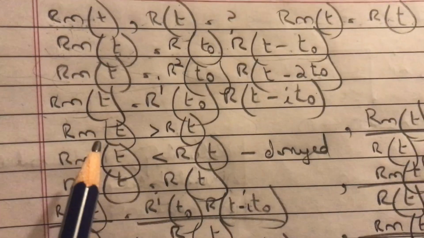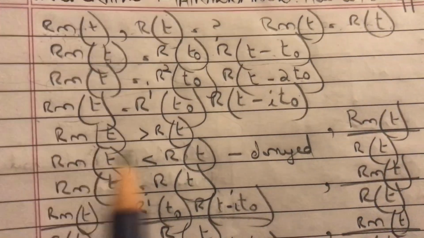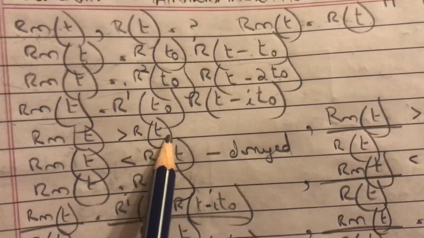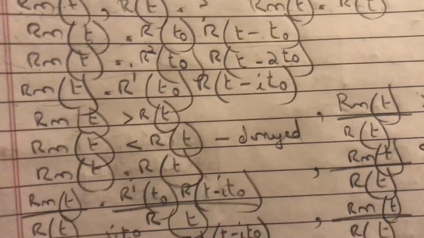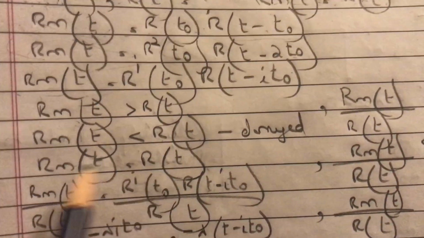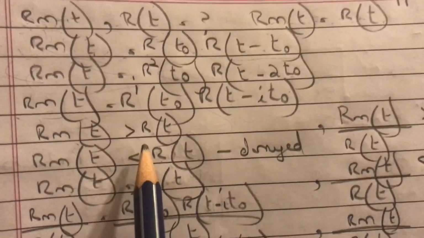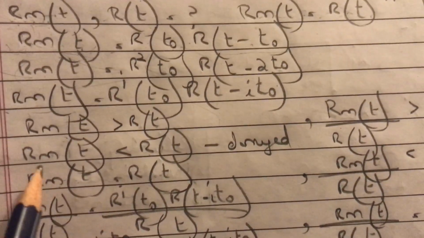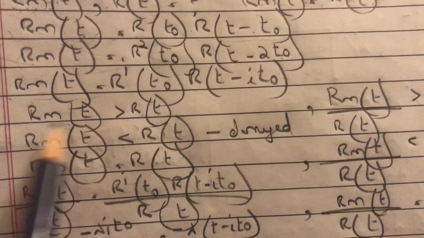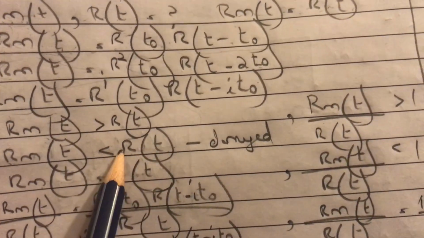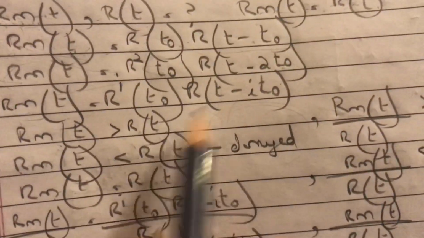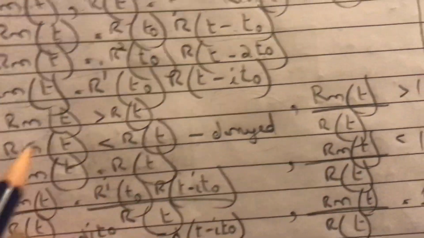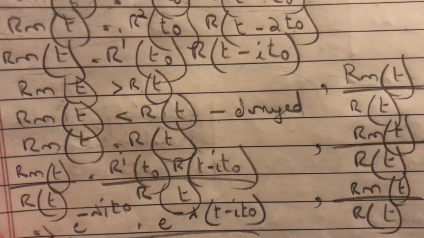Now we say that the reliability of performing a maintenance can be greater than the reliability of an item, lower than the reliability, or equal to it. When the reliability of maintaining a component is lower than the actual reliability, it is considered damage, because there is no use in performing a maintenance here.